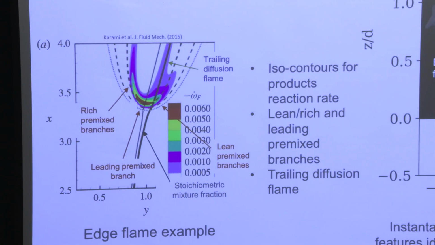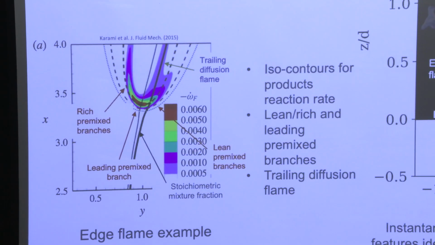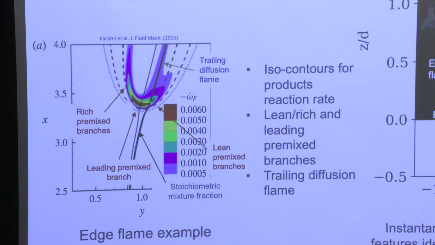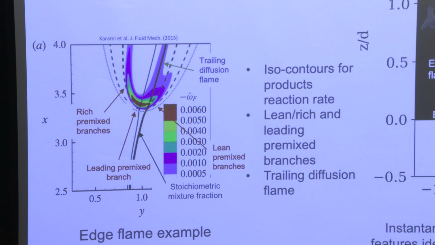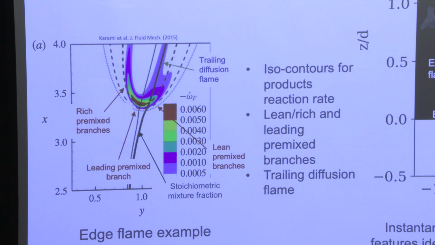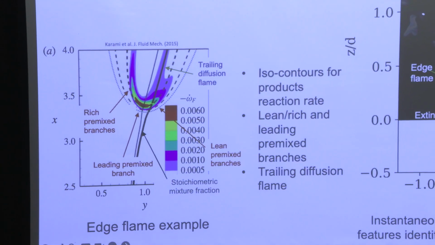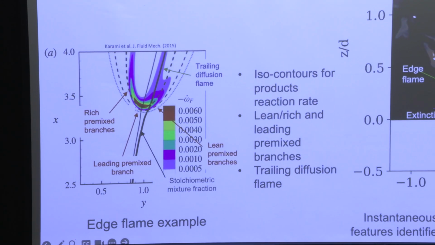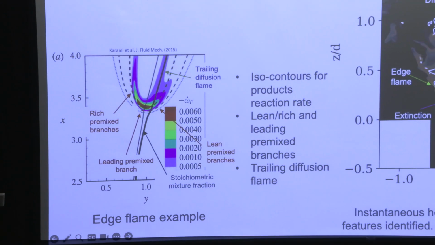And then behind that is the much weaker burning trailing diffusion flame. And so the relevant quantities here would be the stoichiometric mixture fraction isosurface, which is denoted by the black solid line, and then some progress variable like 0.8 that would measure the location of the edge flame. Because later we'll use that definition to help determine how fast that edge flame's propagating.